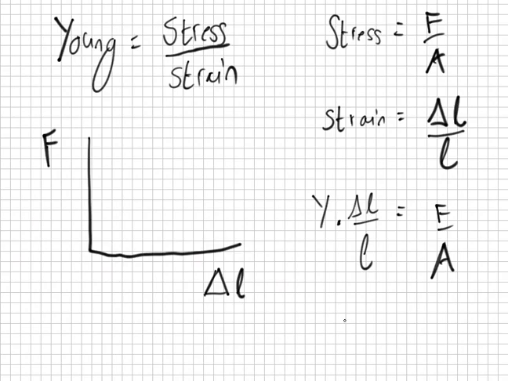So I get F equals YA over L, if I bring the A up here, times delta L. Sorry, that's an A there. So what happens as I increase the extension? What happens to the force? Does that mean I have more force or less force? Must be more.